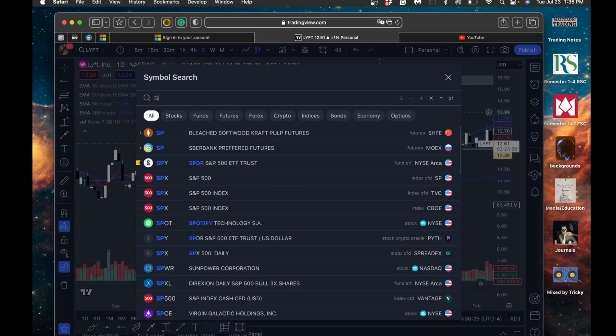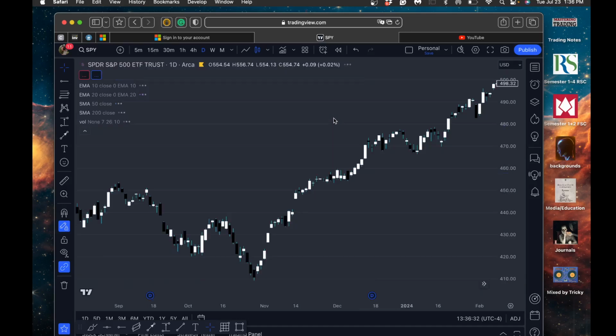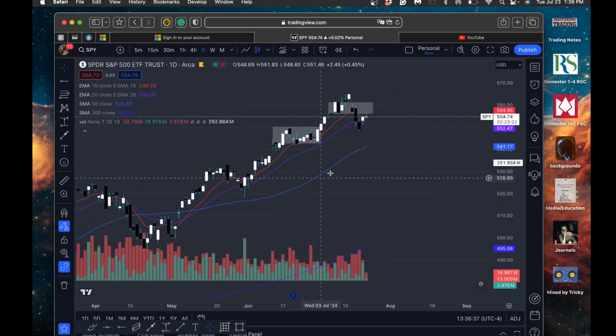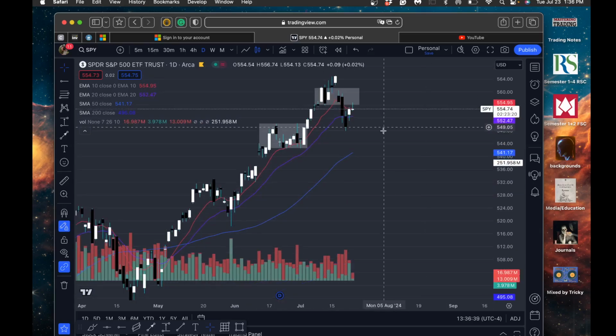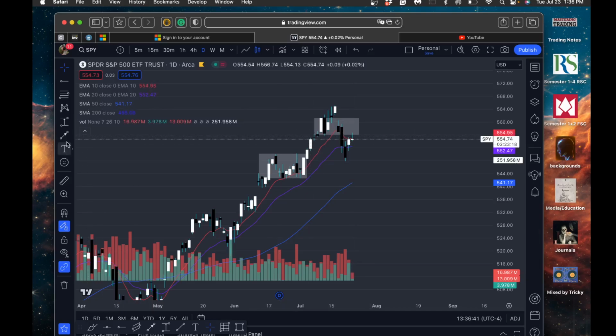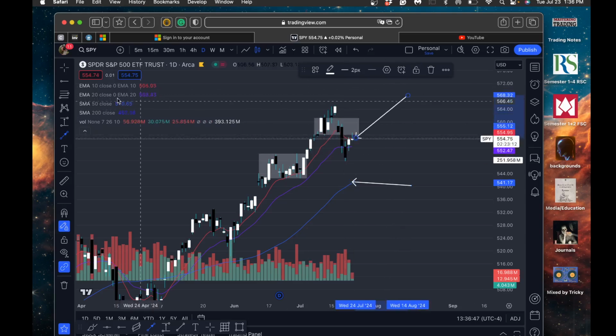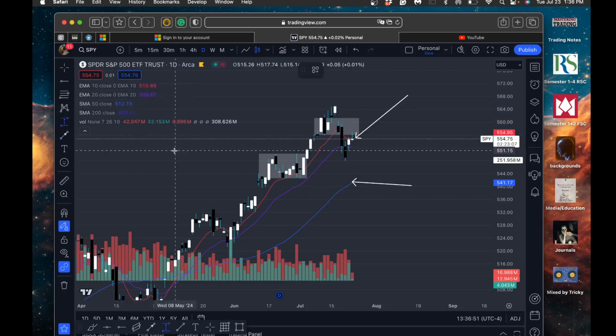So again, I can give my market analysis right now, just as a little extra candy on top. I said this in my Discord, but when the market is trading above the 50 but below the 10 and 20 EMA, that is what I refer to as no man's land.